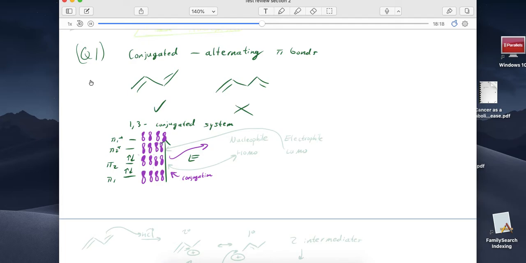Okay. It was Ethan. Don't the two that are next to each other, like the 2 on the left and the 2 on the right, need to be in phase? Yeah, you're right. That's why they do need to be in that phase. Okay. So you've got to be careful. So remember with the nucleophile, it's the HOMO.